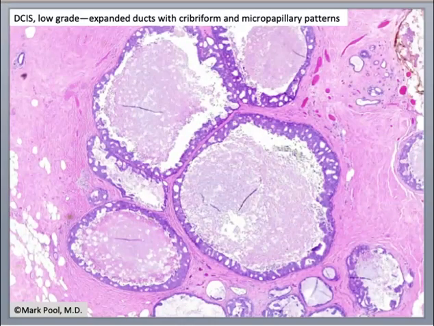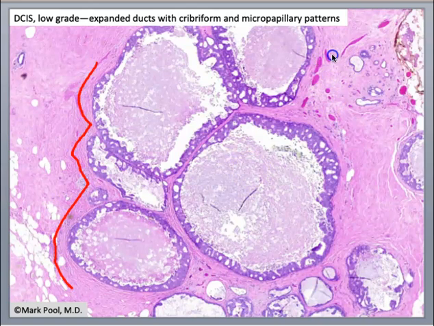So this is an example of low-grade DCIS. You can see that there's cystic expansion of these ducts, but as opposed to fibrocystic changes, they're lined by multiple layers of cells and form these punched out structures here, which we call cribriform, meaning sieve-like.